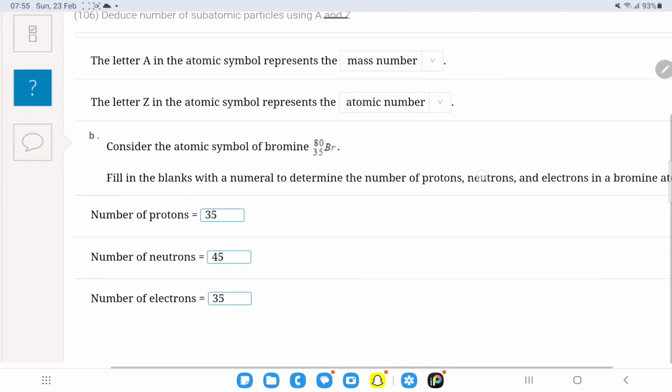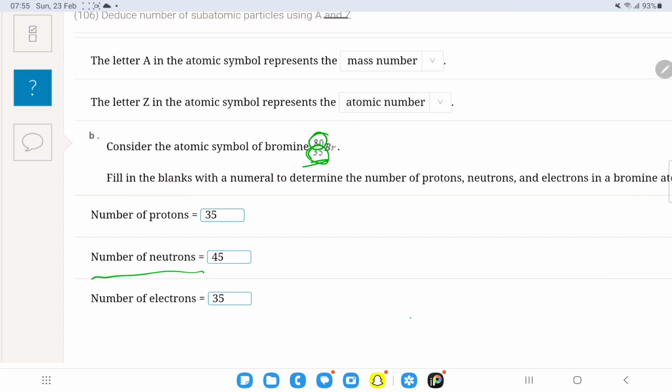Consider the atomic symbol of bromine. Now we have mass number is 80 and atomic number is 35. So they want the number of protons. The atomic number is 35, so you put 35.